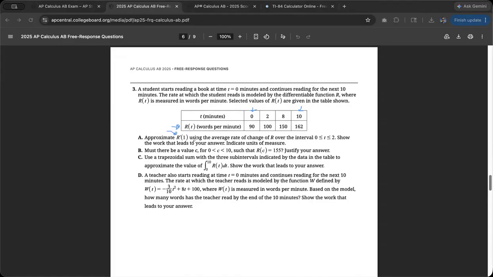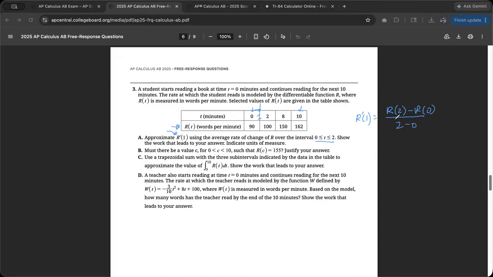Approximate r prime of 1 using the average rate of change of r over the interval 0 to 2. Because 1 exists in the middle right here, we can actually use our average rate of change. So r prime of 1 is equal to r of 2 minus r of 0 over 2 minus 0.